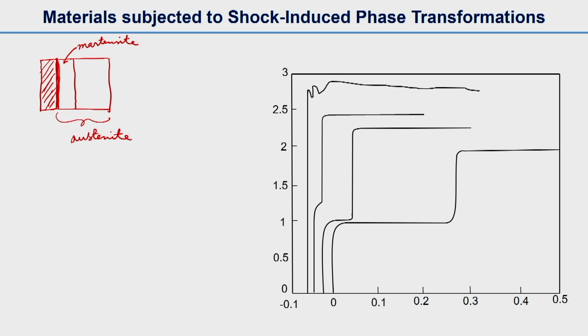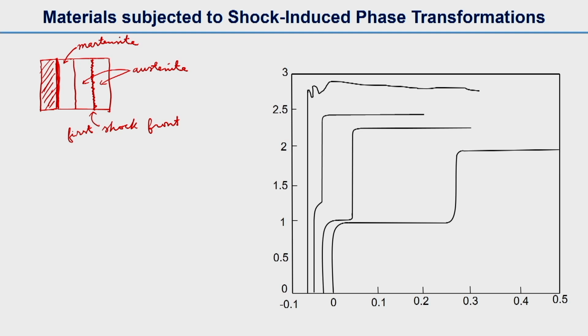Earlier it was austenite, so we will remove this. It is now transformed to martensite, and at that time the shock front will be somewhere here. So this is our shock front. In this zone we still have austenite, and this is the first or regular shock front.